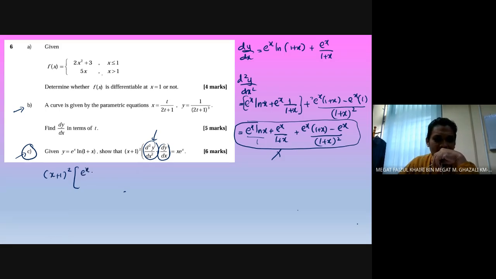Okay, e^x, kita nak samakan equalize the denominator with (1 plus x) squared, so the e^x (1 plus x) squared ln(1+x).